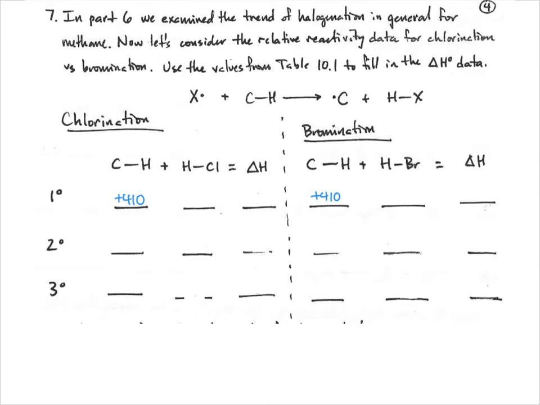So just so I know you all understand what I'm asking, what value should I write for the secondary CH abstraction or homolytic bond cleavage? The secondary CH. So what value should I put here and there?